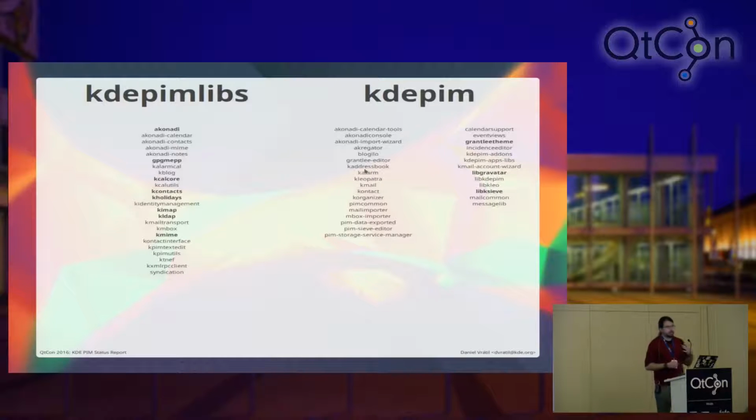The reason why we decided to split it like this is similar to what happened with KDE libs and why it was split into frameworks. We had lots of fancy things in there, but nobody could really use it, right? If you wanted to use our parser for contacts, you would depend on KDE PIM libs.